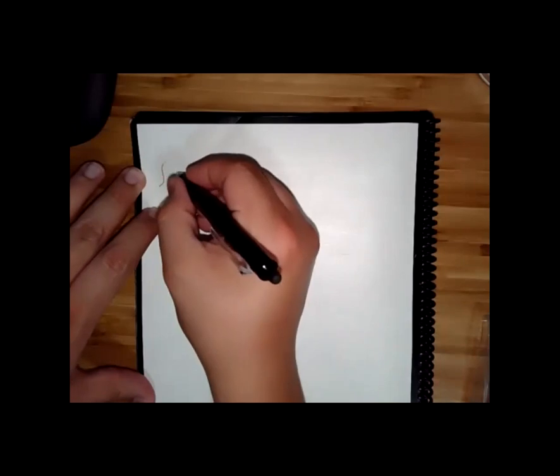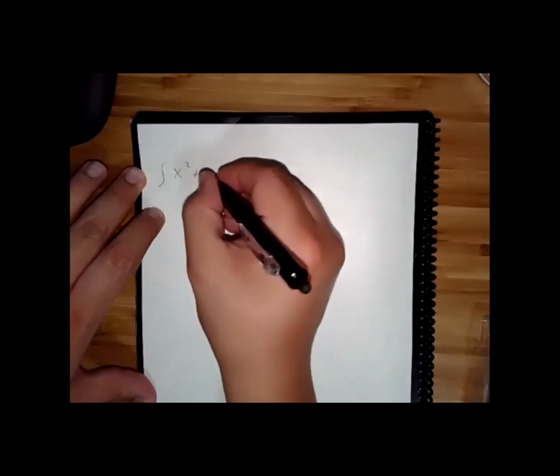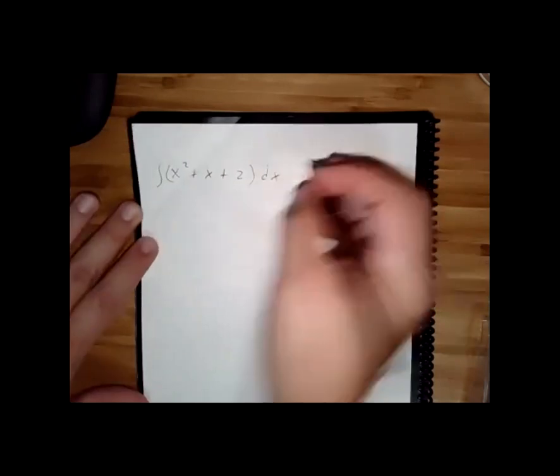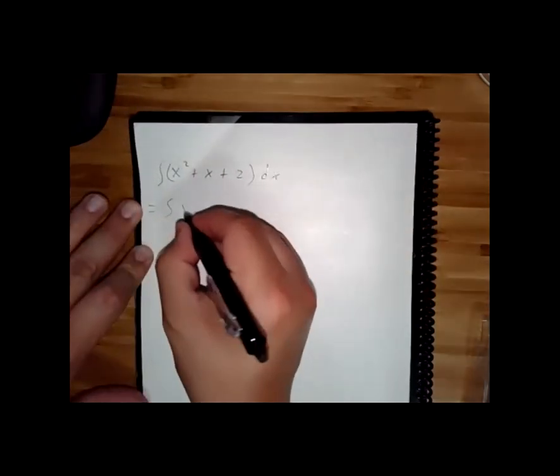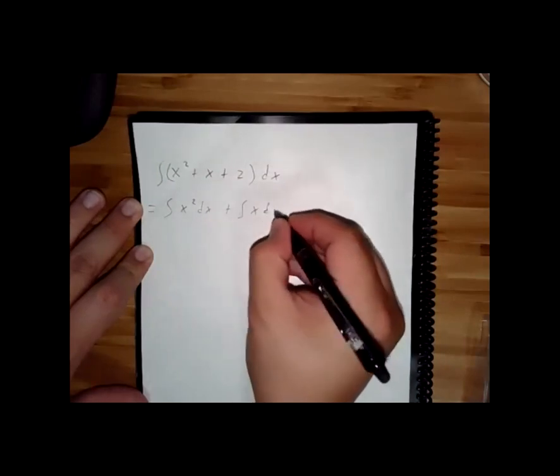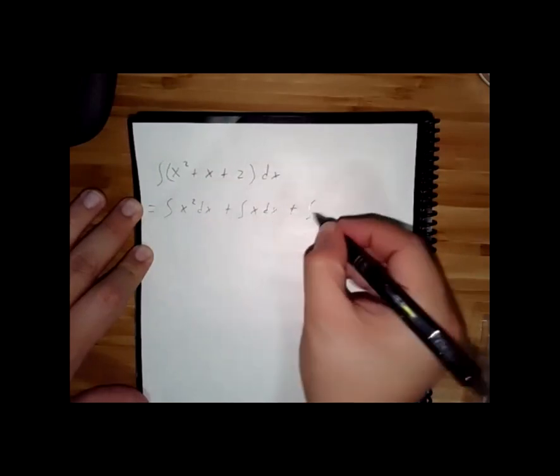Basically, if you have an integral, let's say x squared plus x plus 2 dx, the rule allows you to integrate each one separately. That makes sense?